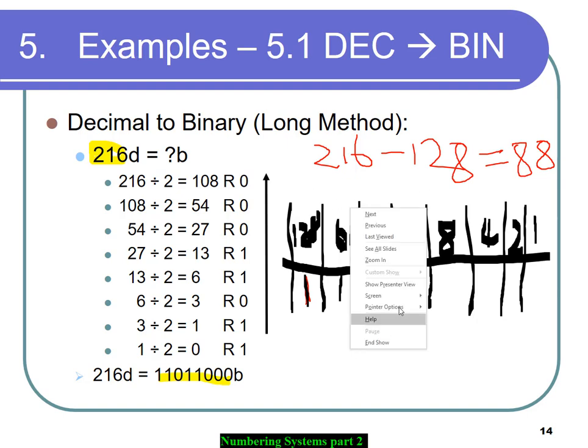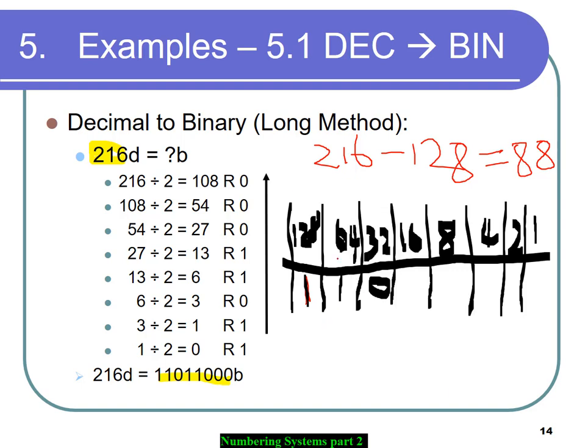Okay, so we would then just go back to the pointer, and you will then take 64, right? And that would minus what? 88 minus 64 equals, right?